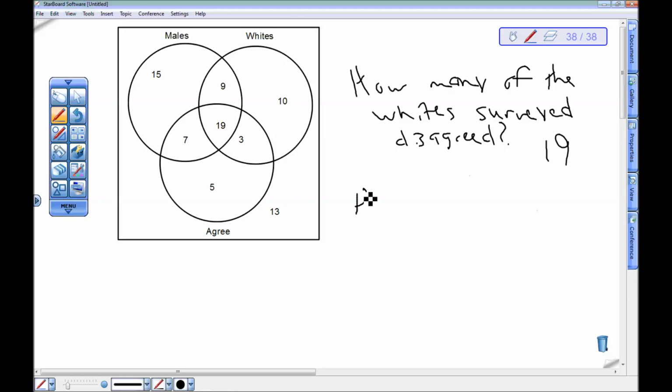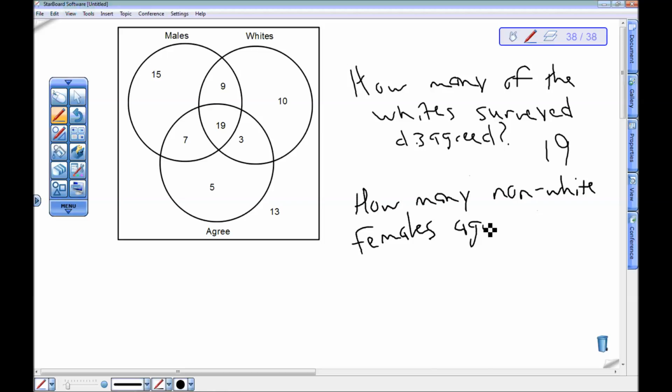How about this? How many non-white females agreed with whatever was asked? Well, for non-whites, I'm outside of the white circle. For females, I'm outside of the male circle.